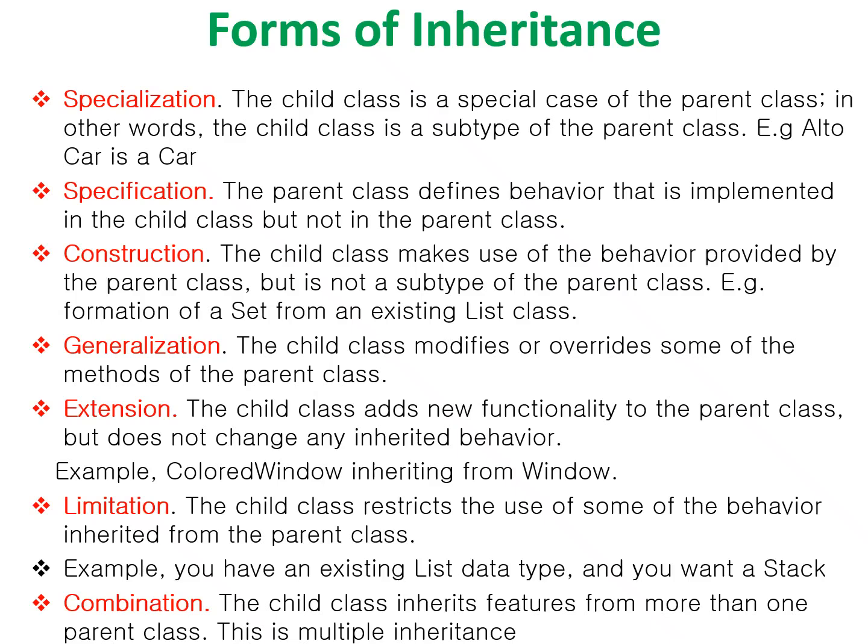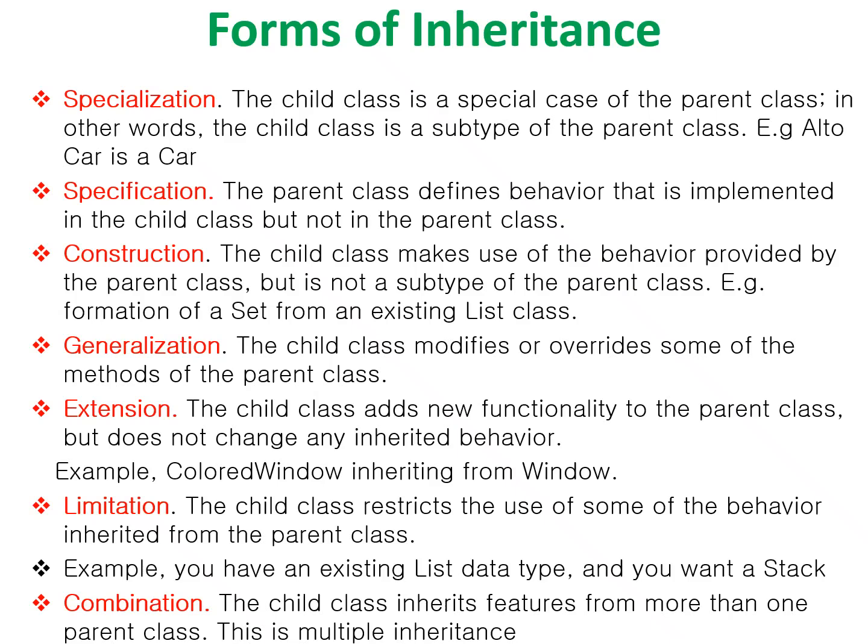Specification: the parent class defines the behavior that is implemented in the child class, but not in the parent class. Construction: the child class makes use of behavior provided by the parent class, but is not a subtype of the parent class. For example, forming a set from existing list classes.